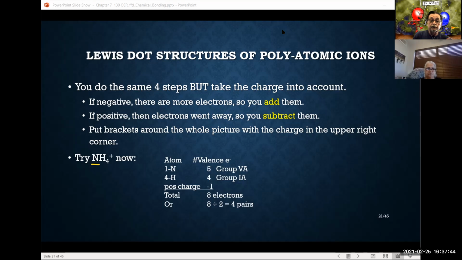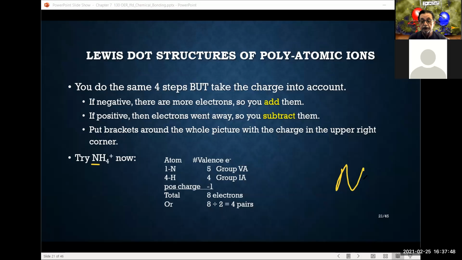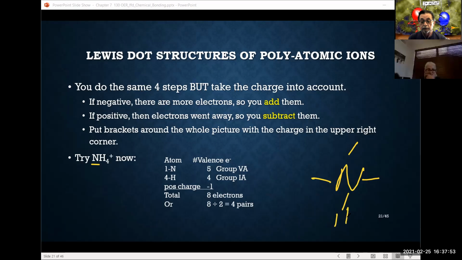And I can very quickly, once I know that, write nitrogen, and then put my 4 hydrogens there, like so. Okay. And guess what? 1, 2, 3, 4. That took care of my 4 pair. Now I can go write my bracket.